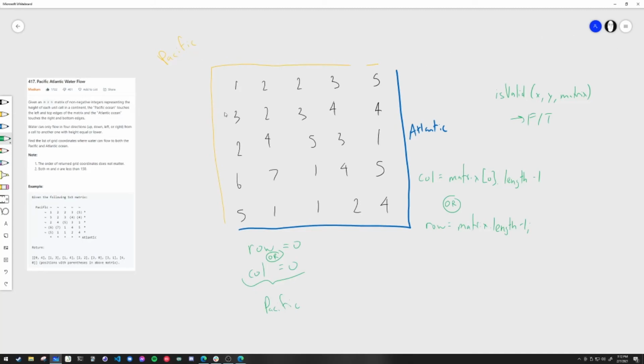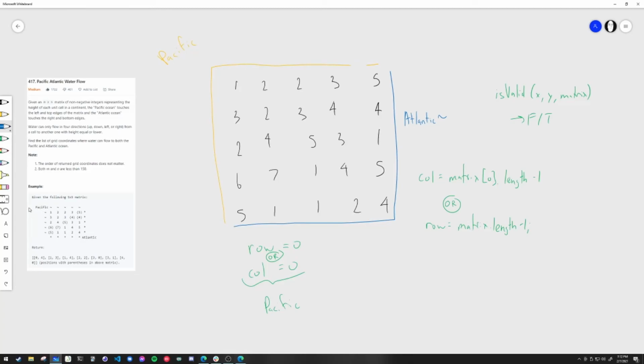I'm going to clean this up because I really don't like how thick this line is. It's bugging me. This pen does come in handy though, so it's kind of nice. Oh yeah, that's so much better. Atlantic, squiggly line.